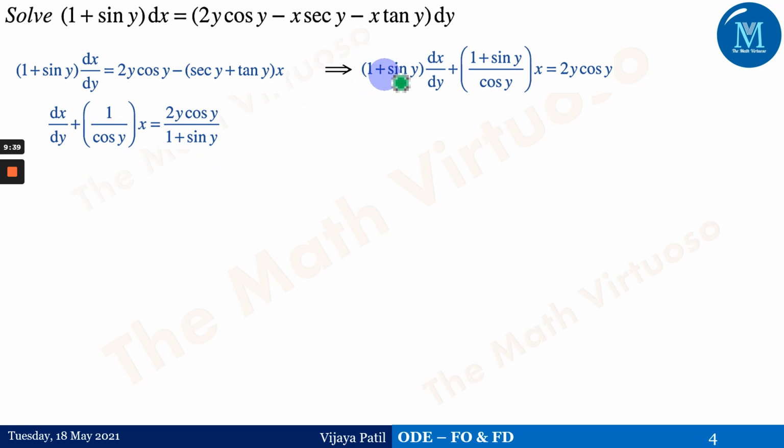Now here, as I have told you, dx upon dy should have the coefficient 1. That's the reason we divide throughout this equation by 1 plus sin y.